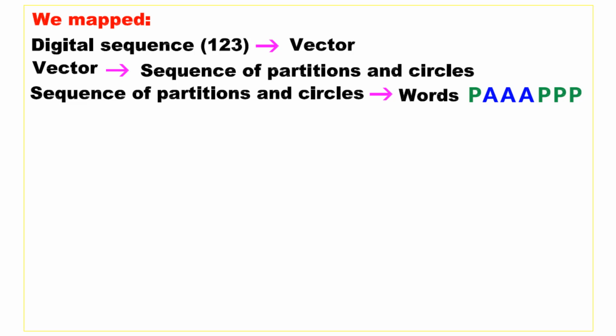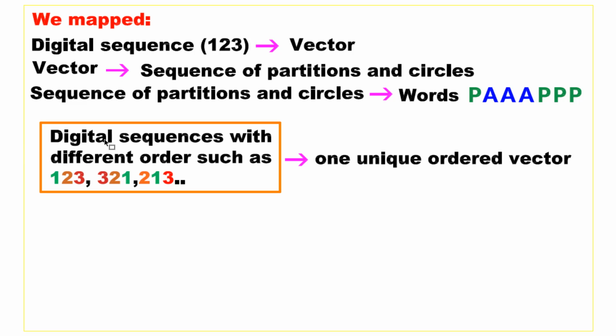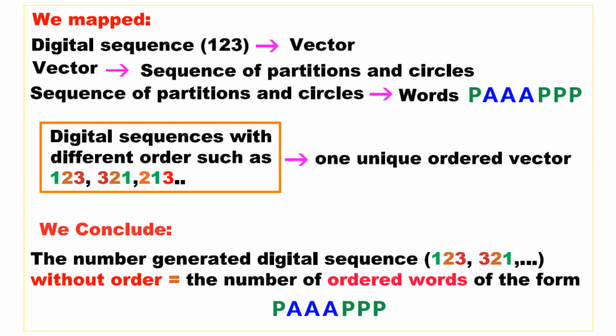But we have to remember the following fact: digital sequences with different orders, such as the sequences 1, 2, 3; 3, 2, 1; and 2, 1, 3, are all mapped into one unique ordered vector. So what do we conclude from that?